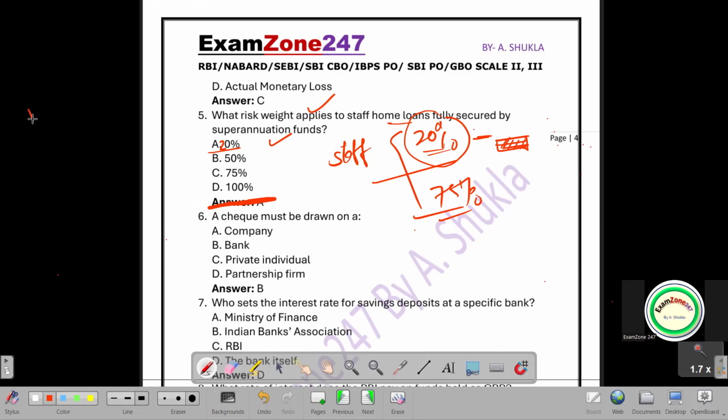Do you know what is the risk weight of gold loans? I am asking because it may be asked. What is the risk weight of gold loans? No. 0% is not correct.